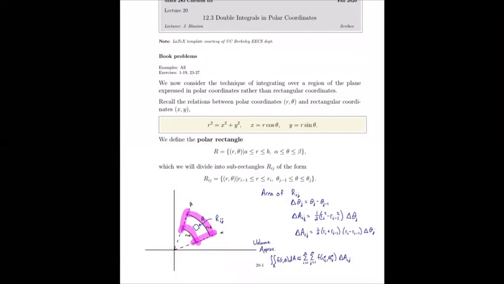Those two curves are radial lines. That's a radius of a and radius of b for the inner and outer, respectively. And our overall rectangle we're calling R.